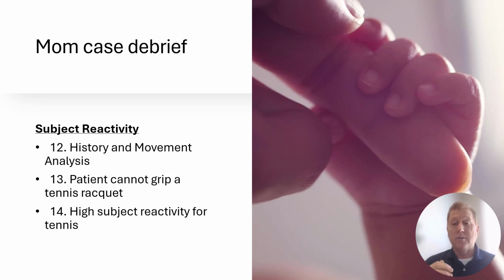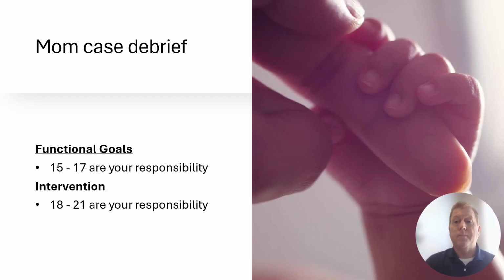Therefore, for tennis, the subject reactivity or severity of the subject for tennis would be high because they're unable to grip a tennis racket. And so functional goals might very well be, I want this person to be able to grip a tennis racket and hit 15 underhand cross-court shots. That might be a specific goal.